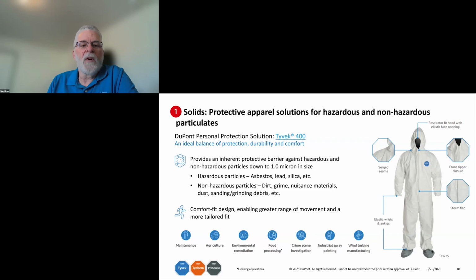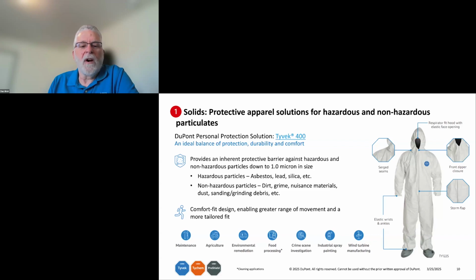Again, you can have hazardous or non-hazardous particles, anything from dirt and grime to asbestos, lead, and silica. And we see it used across a wide variety of tasks within the industries, whether it's maintenance, wind turbine manufacturing, or composite manufacturing, food processing, environmental remediation. Tyvek is used in a wide variety of different applications, and we'll talk through that a little bit as well.